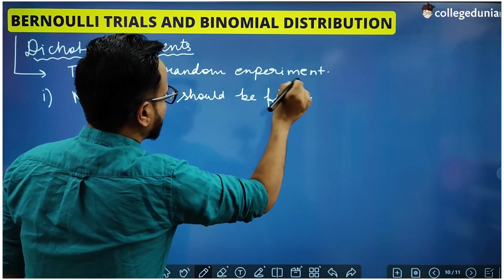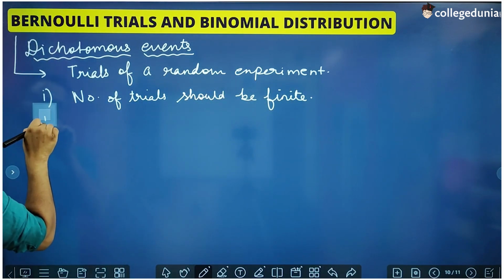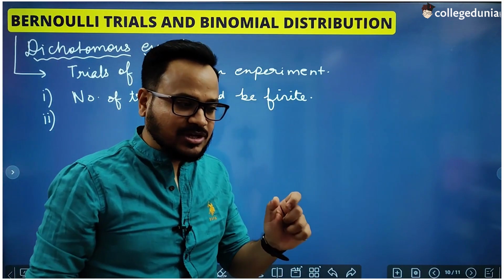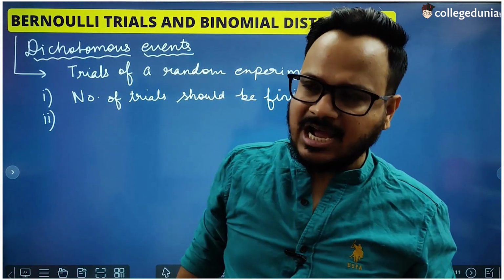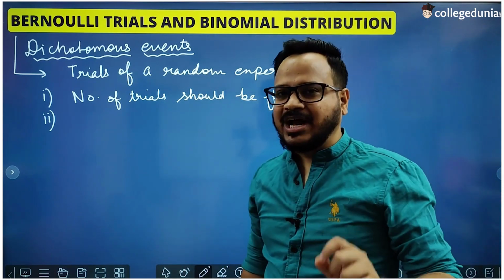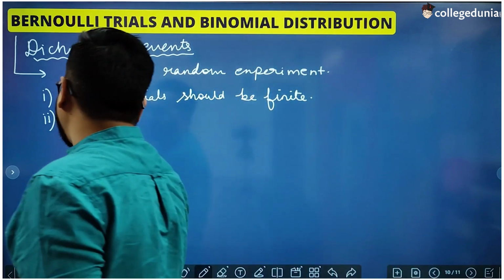There should not be infinite number of trials. If I am saying that a coin is tossed 10 times or 15 times or 20 times or 1000 times, that is okay, but number of trials should be known and should be finite.